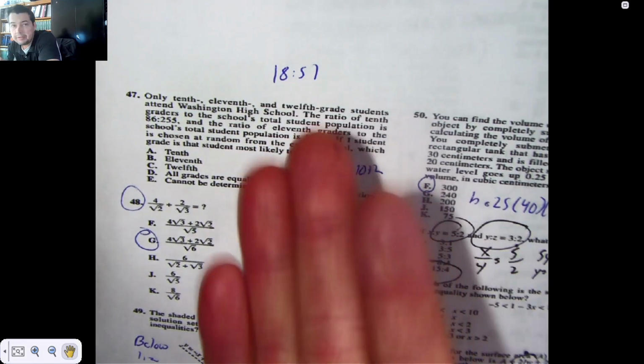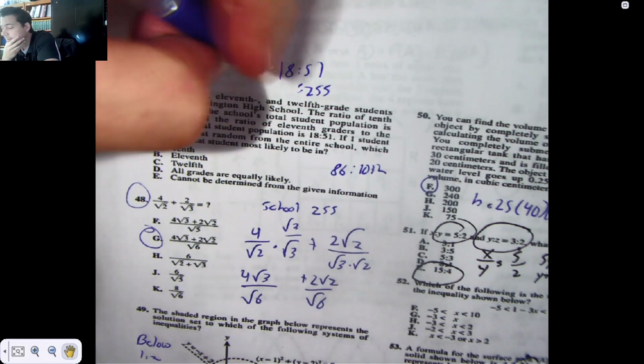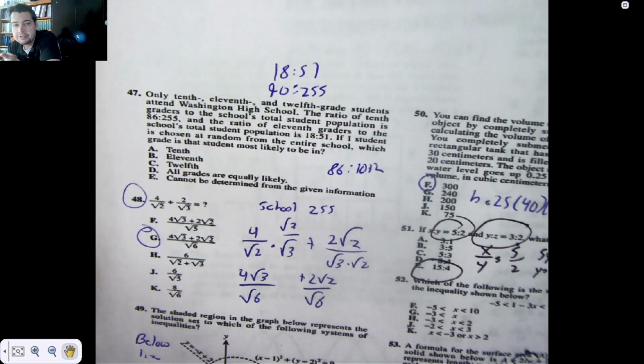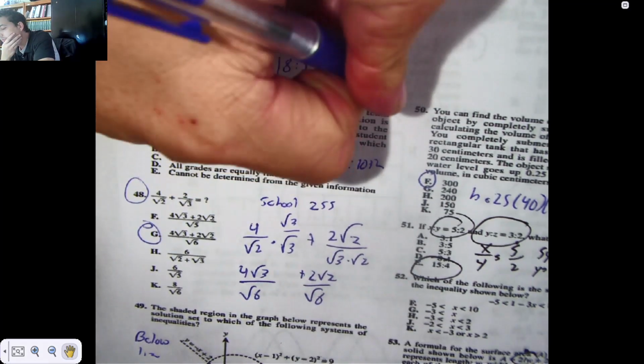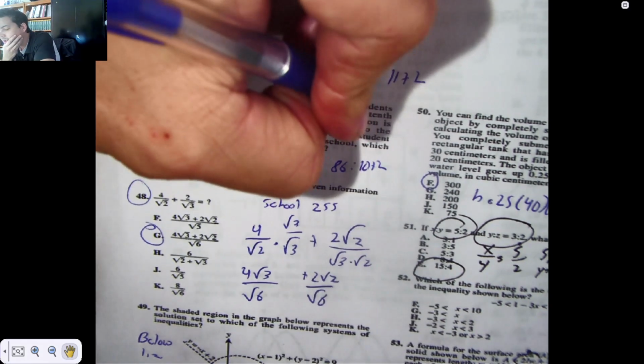All right, so I'm going to times 5 both these pieces because that'll turn this into a 255. And if I times 5, 18 is 90. They just reduced the fractions, all they did. There are 90 11th graders. And there are 86 10th graders.